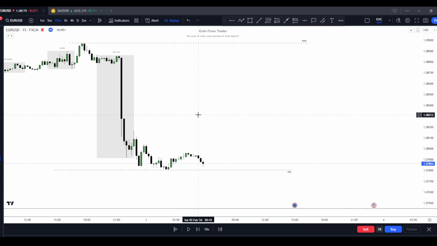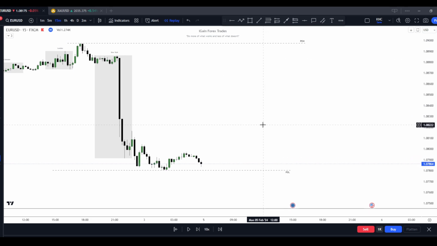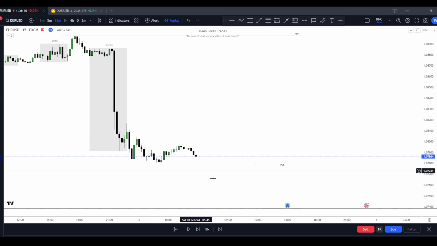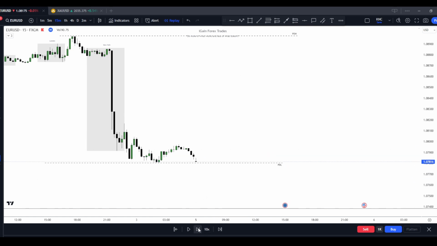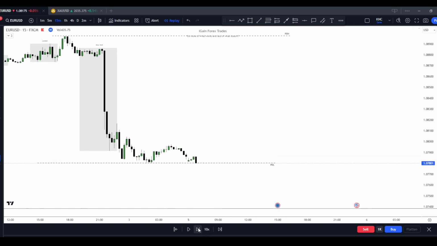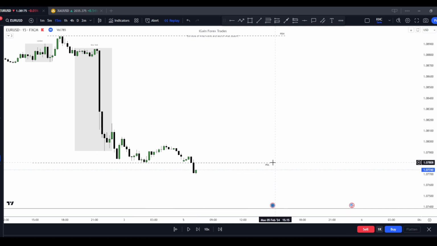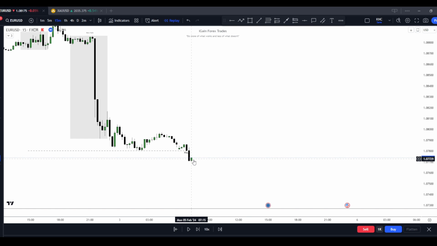Okay, so on our trading plan, we wait for this previous day low or this previous day high to be taken out on Asia session. Okay, let's see what will happen. Okay, guys, we can see here that we have taken this previous day low, but we are not yet in our Asia session.